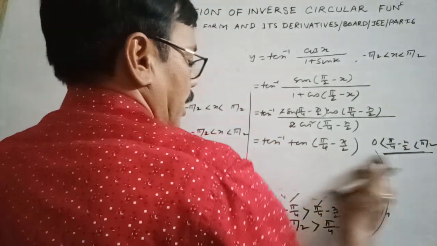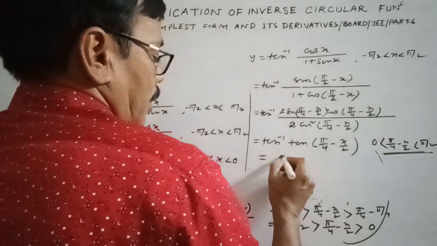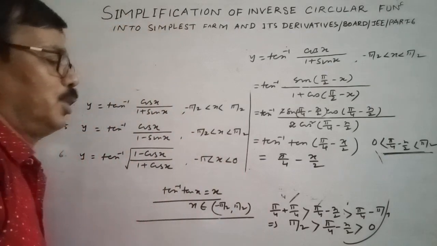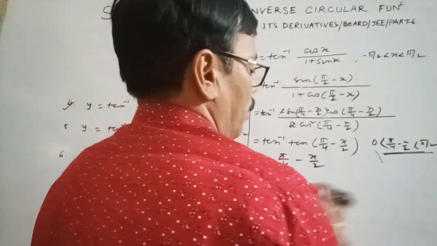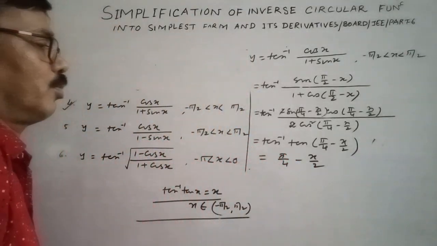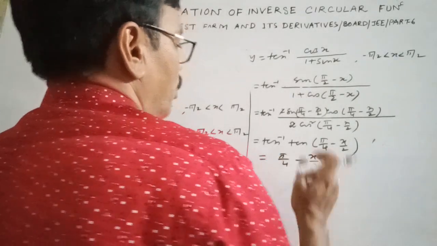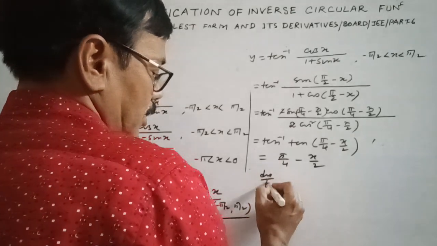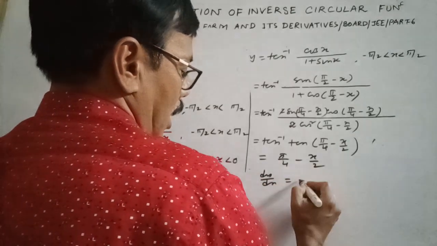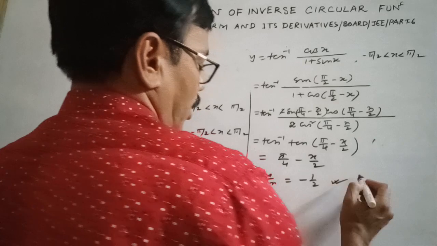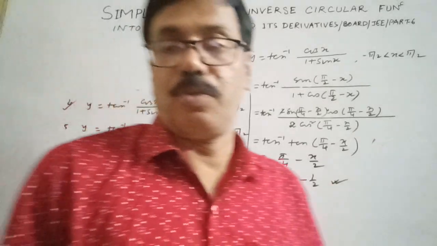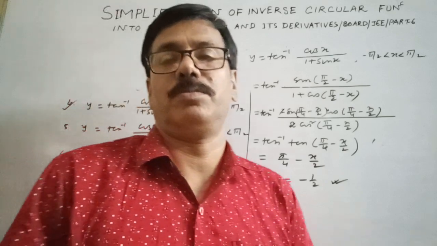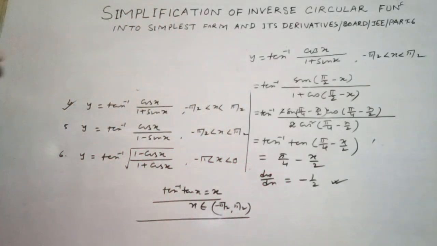So in this case, tan and tan inverse cancel, leaving pi by 4 minus x by 2. So this is the simplified form. Now what is dy by dx? The derivative of pi by 4 is 0, and x by 2 gives minus 1 by 2. So first you simplify it, then perform the derivative.